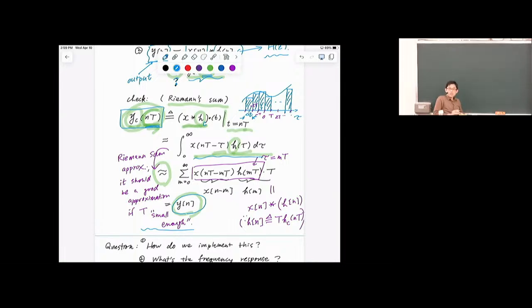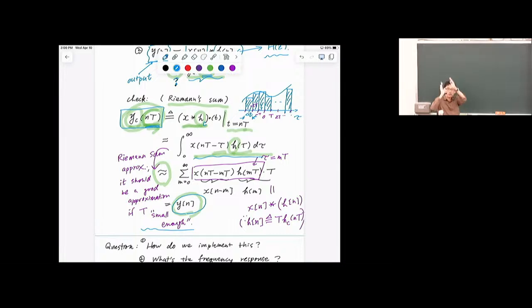T needs to be fast enough to simulate this decay. So if this system decays with RC equal to, let's say, 10 microseconds, then your T needs to be shorter than that. Does that make sense?